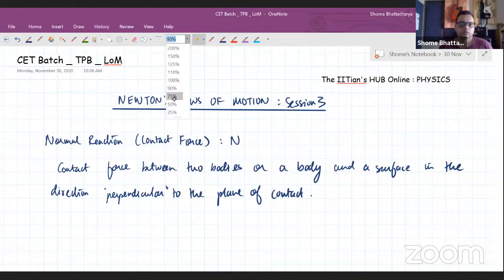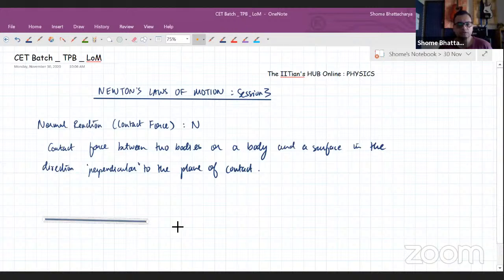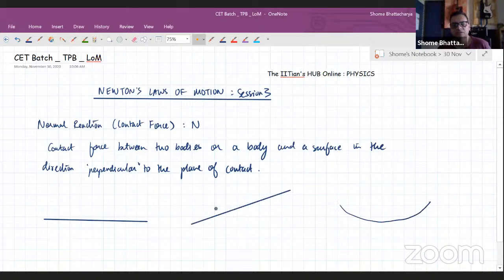So, whether we are talking about a horizontal surface with an object on it, or an inclined surface with an object on it, or we are even talking about a curved surface like this with an object on it.